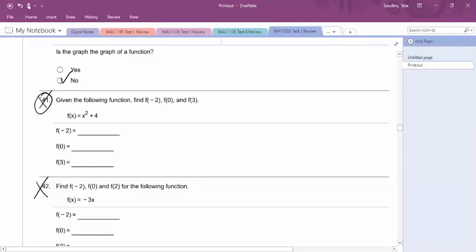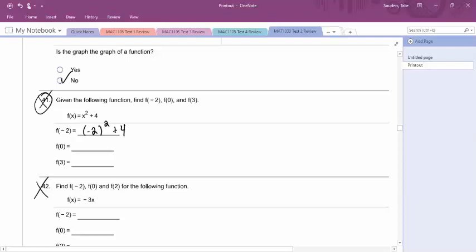Let's try number 41. How would you find f of -2? You plug -2 in for x anywhere in the equation. Very good. And the negative and 2 are attached to each other, so you're squaring them together.